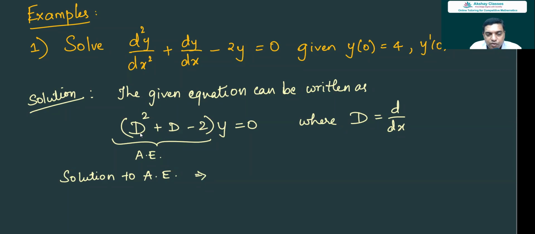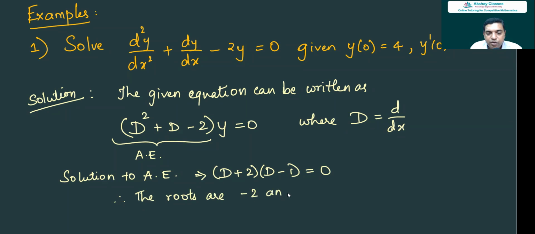Solution to the auxiliary equation. All right, so we can factorize this. We get D plus 2 into D minus 1 equal to 0. Therefore, the roots are minus 2 and 1. Okay, they are real and distinct.